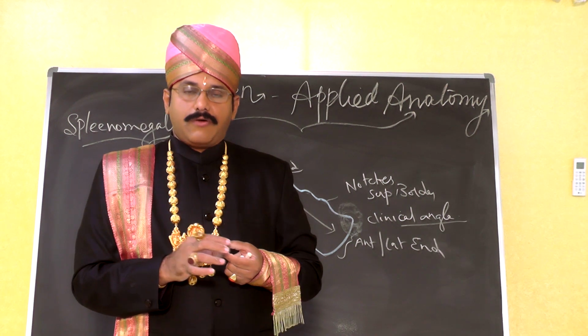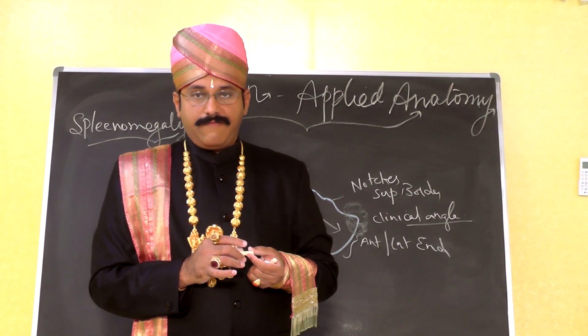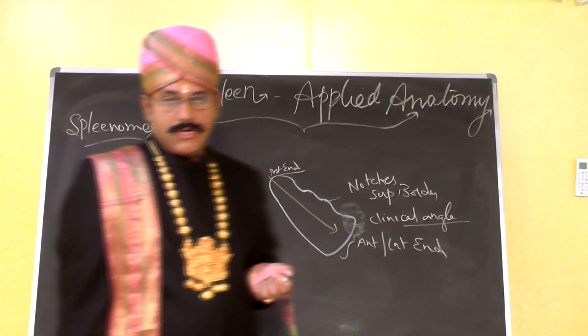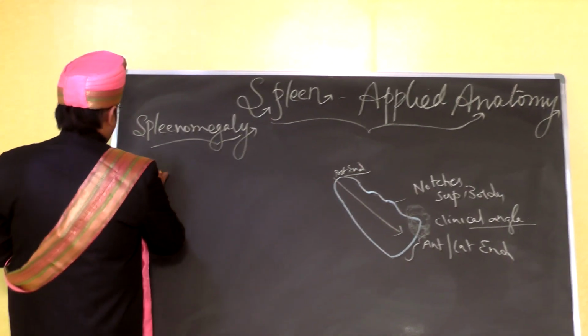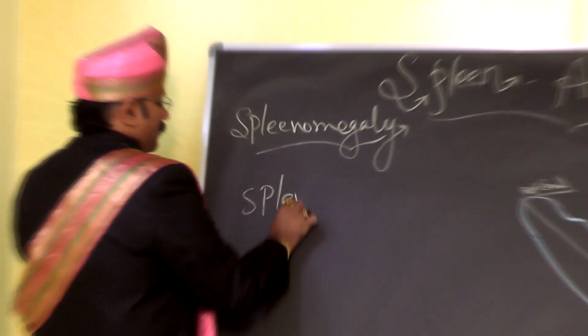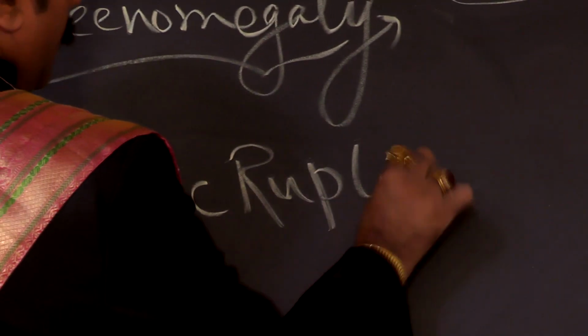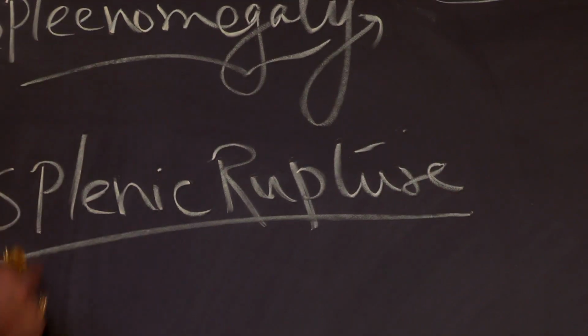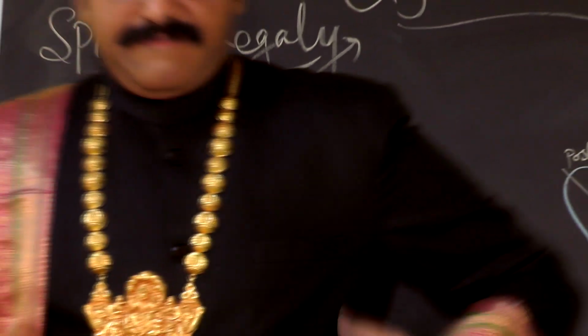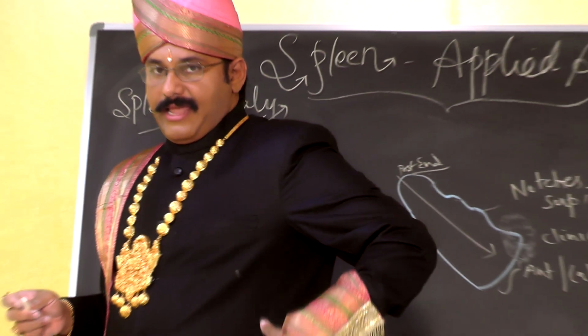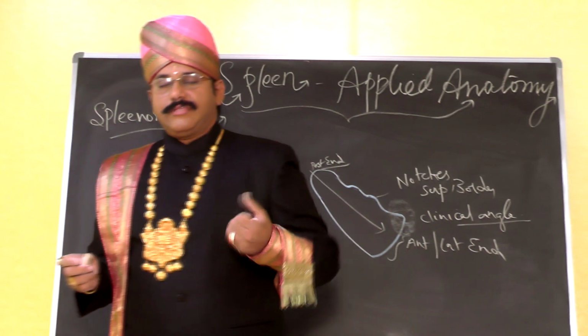When we are talking about the spleen, we should be careful about splenic rupture. Splenic rupture is common when there is fracture of the 9th, 10th, 11th ribs. On the left side, in the left hypochondrium, we have the spleen.